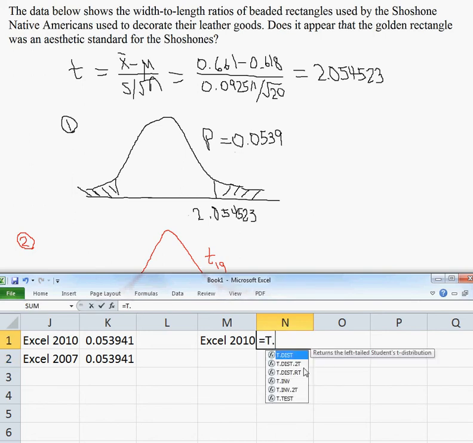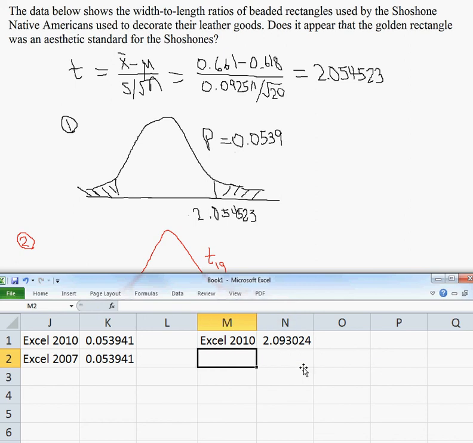Another way of doing this problem would be T.INV of 0.975, 19, stating that 97.5% of the area lies to the left, and that returns positive 2.093. So just to show you the interconnectedness between the commands, T.INV.2T of 0.05, 19 gives the value 2.093.